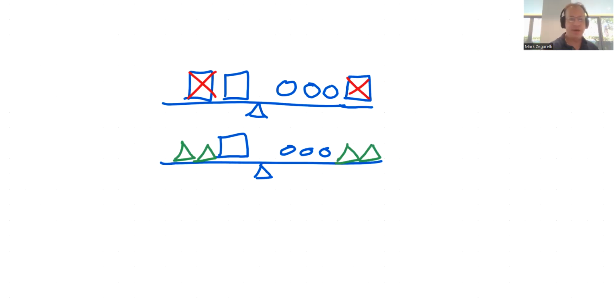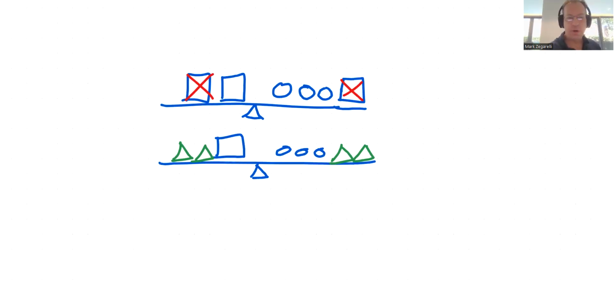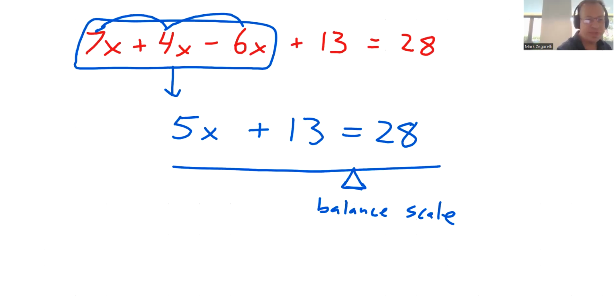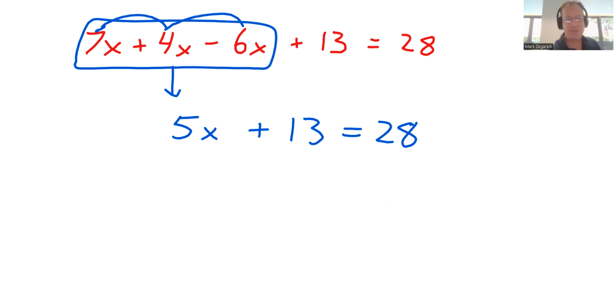And that's the whole idea behind working with algebra equations. So once you've got that concept, we can easily get rid of the scale itself. And like we said in our live session, what we're trying to find out is what this x is. That's our question.